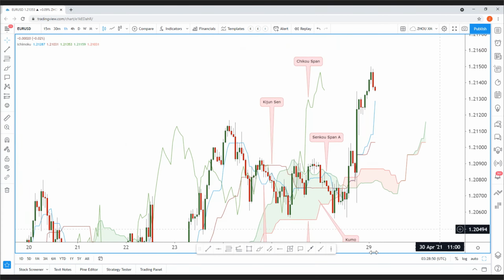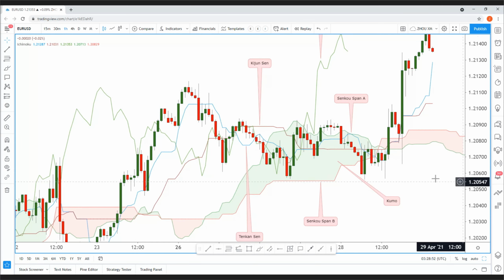If I zoom in clearer, you can see the blue line crossing over the red line is known as a death cross. A death cross shows a bearish signal. If there's another crossover the other way, it signals a bullish crossover, because this line should always be above this line, as this line is the leading one and this one is the lagging one of the Tenkan Sen.